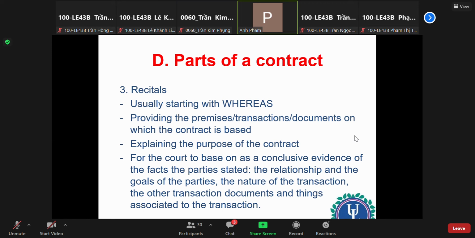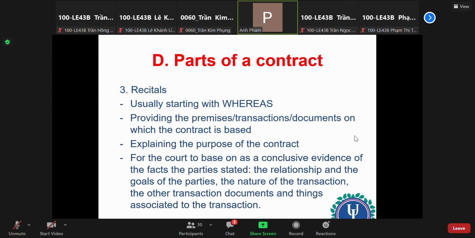Now, for example, the 2 parties enter into the contract for sale of goods. You can say, whereas party A wants to sell the goods, and whereas party B wants to buy the goods in order to do the charity job. So this is a recital.